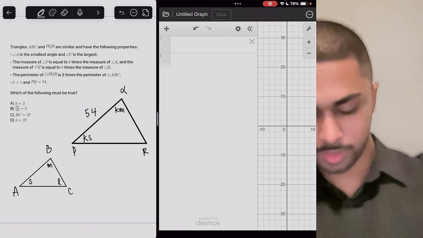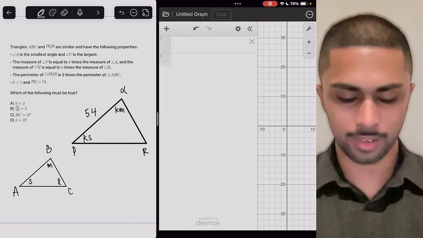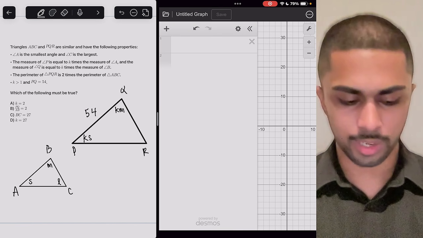Okay, it seems like at this point we have labeled everything that we can label. So now we get to the solution.